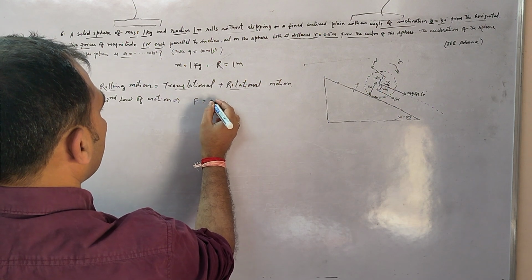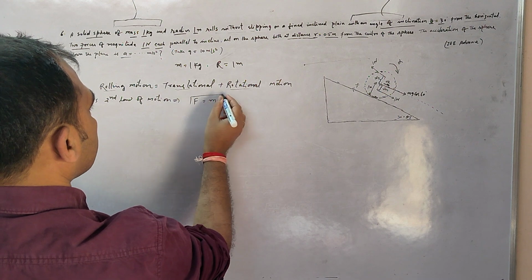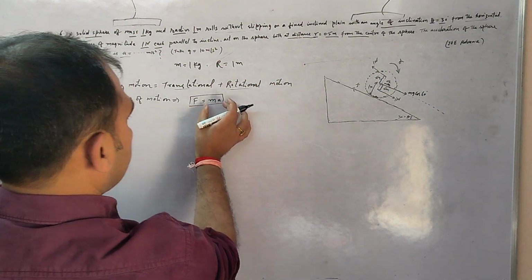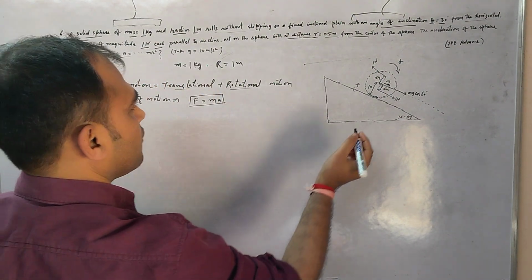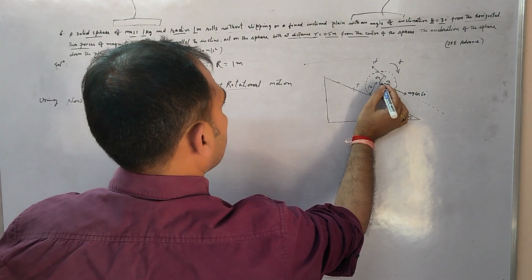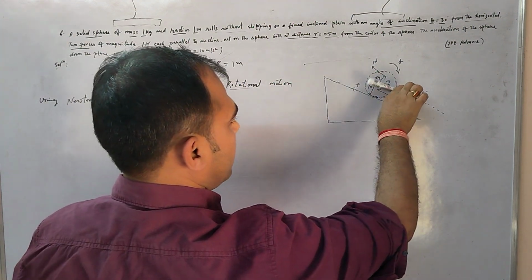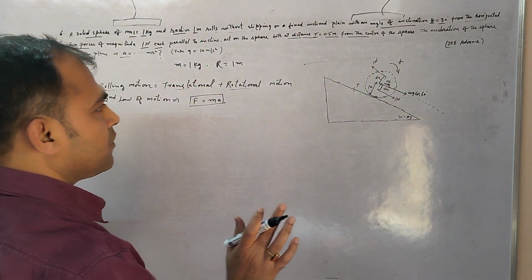F net is equal to m into acceleration, or rate of change of momentum. So the center of mass of this sphere will move in a straight line motion, that is the translation motion.